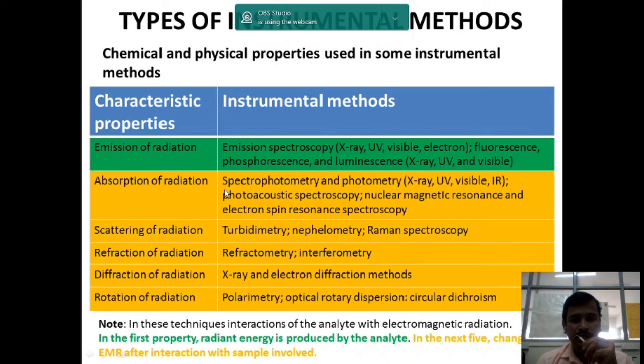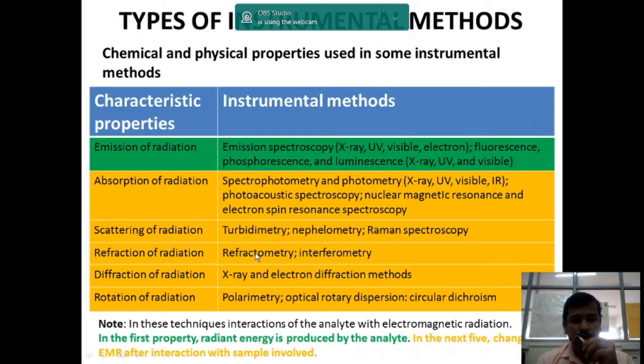In order to distinguish the analytical techniques present below, out of 6 analytical methods, instrumental methods, the first one is highlighted with green color because this instrumental method means emission spectroscopic method in which the amount of the light emitted is going to be measured, and the rest of the instrumental methods are put under yellow color.